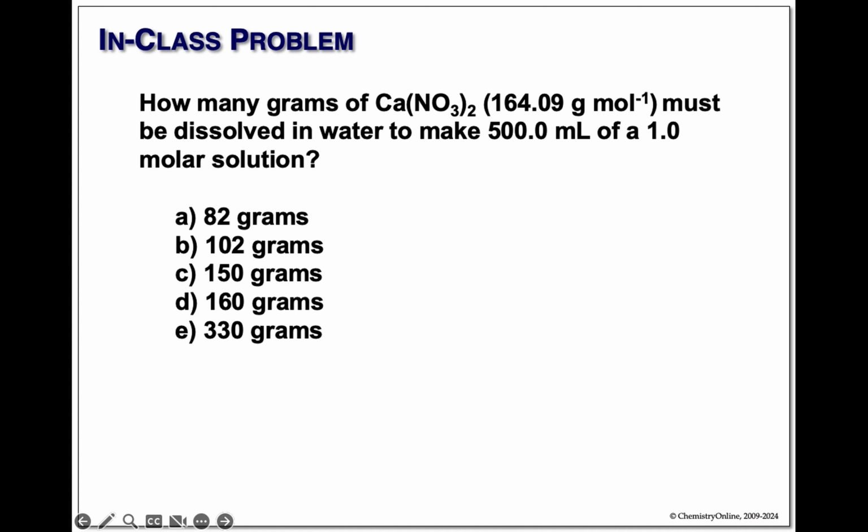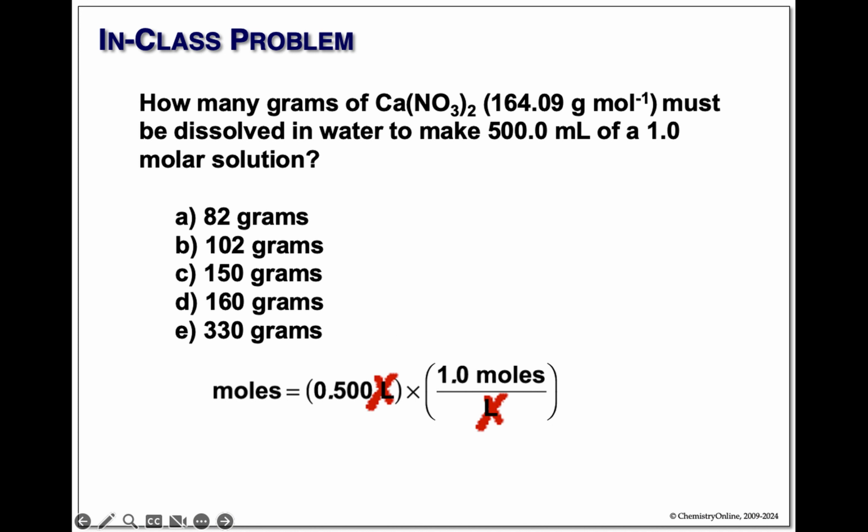How many grams of calcium nitrate, here's its molar mass, do we dissolve in water to make 500 mL of a 1 molar solution? It's a real lab experiment, isn't it? Well, here's our given, 0.5 liters. We're looking for a 1 molar solution. That's 1 mole per liter.